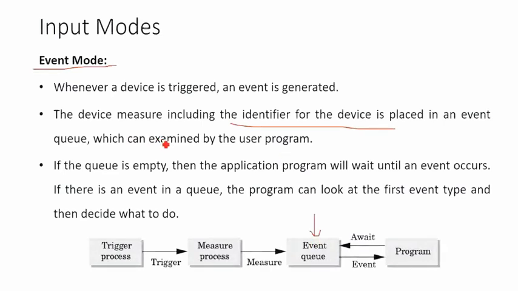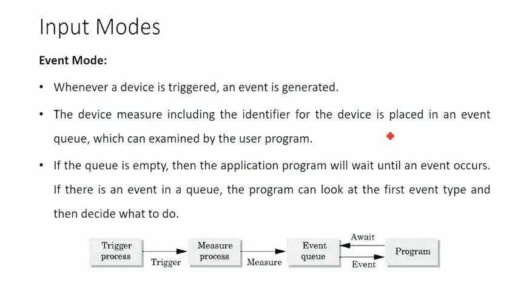Now, if the queue is empty, then your application program will just wait until some event occurs. If an event occurs, and that event is to be considered by the program, then that measure will be captured by the program and it will act. If that event is not needed for this program, then it will just ignore that measure.